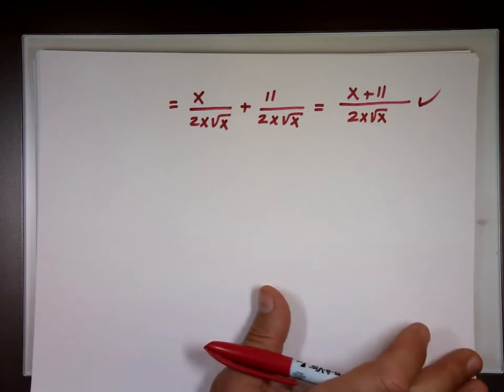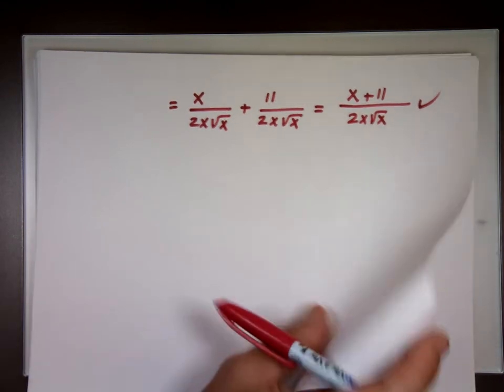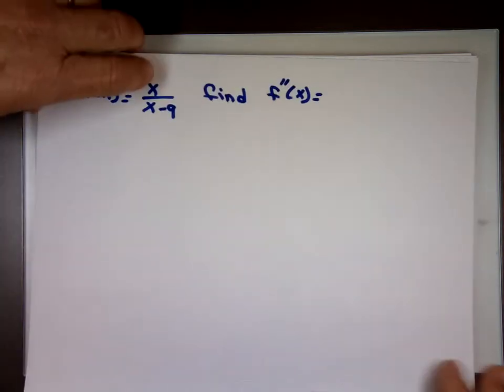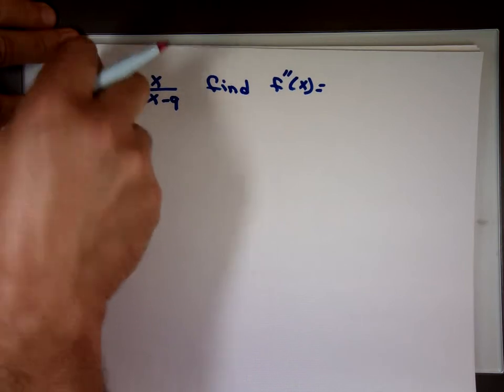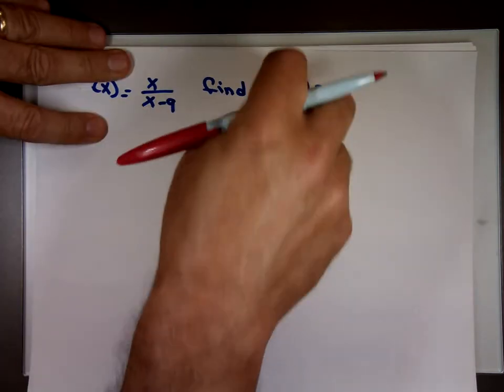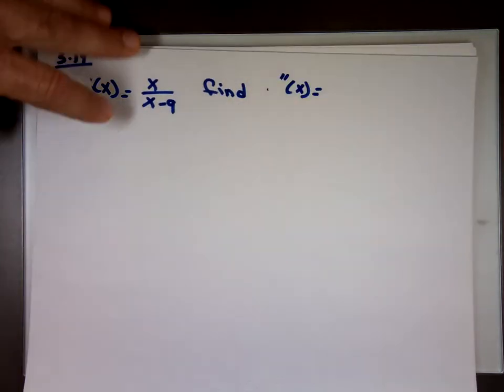And the last one, again, still in section 3.3. The last one is find the second derivative. Again, I don't like to call this f, so we'll call it y. So I can use the quotient rule.